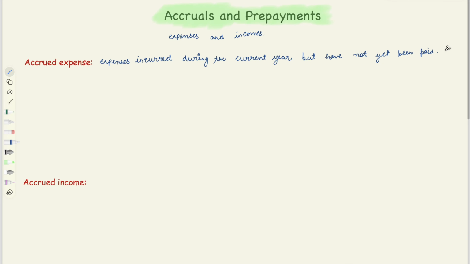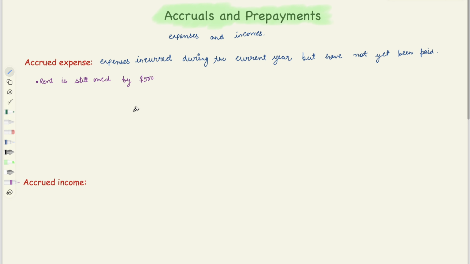Usually for this we have an adjustment. Whenever you are given a question, you will have an adjustment at the end of the question where they will say that this expense of this amount is owed. I'll give you one example too. They might say that rent is still owed by $500.